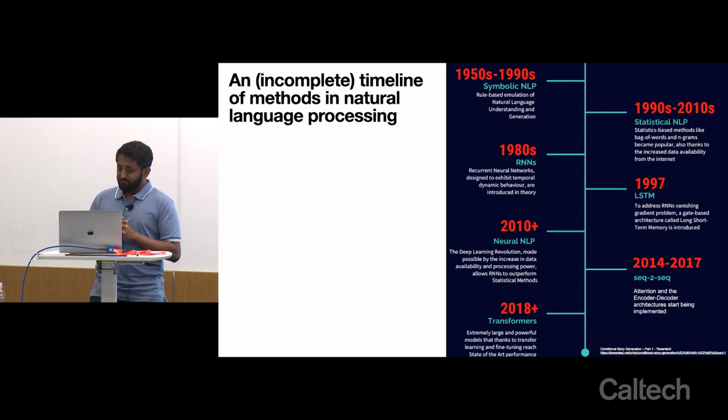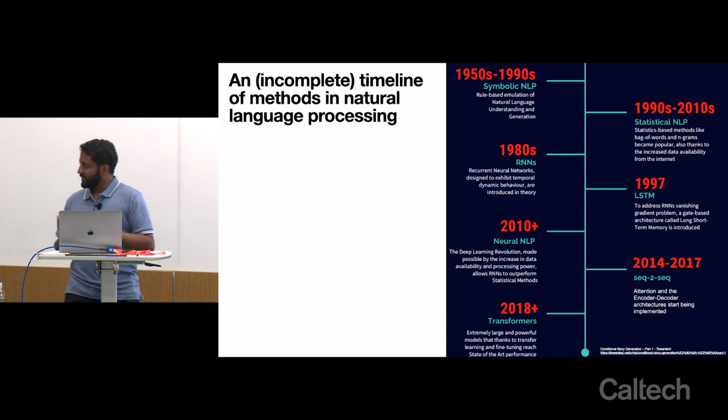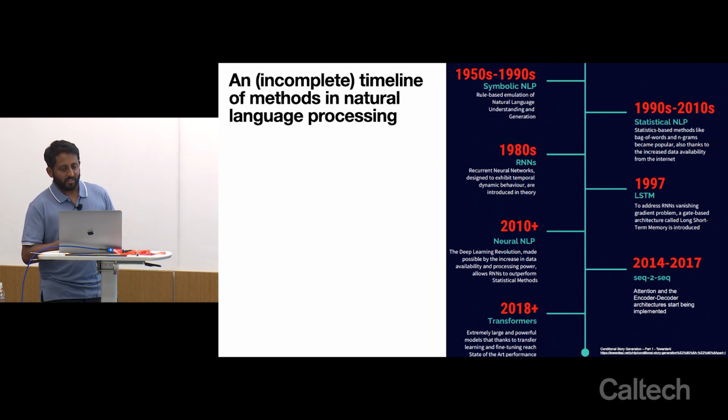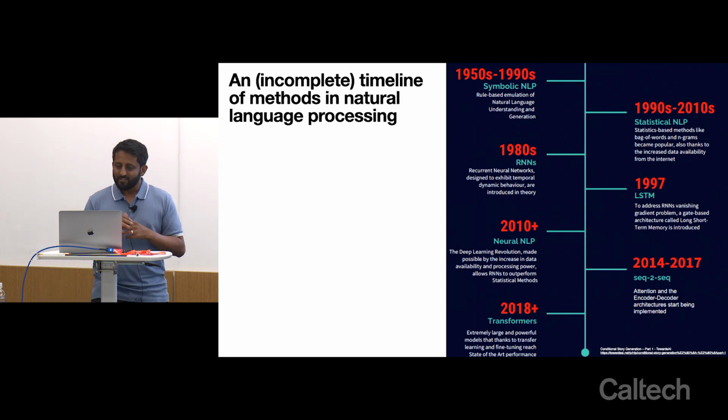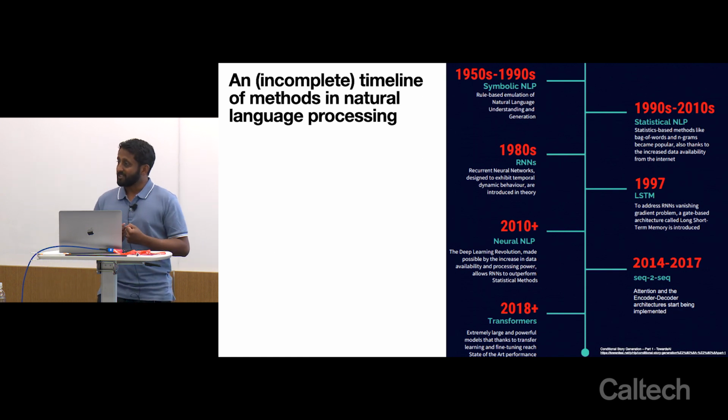In parallel, recurrent neural networks, a type of neural network architecture I think you've gone over a little in this course, started to be understood as able to model data with temporal structure, so sequential data. In 1997, a specific variant of the recurrent neural network called the long short-term memory network, LSTM, was introduced, and that solved a lot of problems people were having with RNNs.